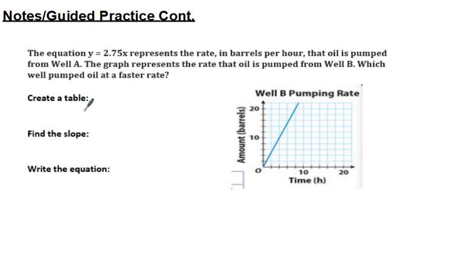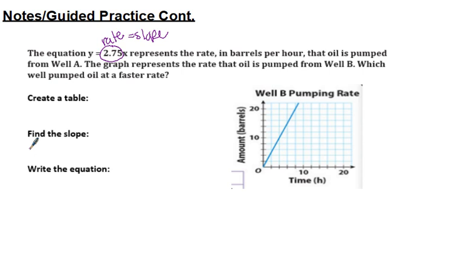So it says for us to create a table, and I think that would be best for us to do over here on our graph, because if we look at our equation right here, remember this is our constant and this is our rate right here, and remember rate is the same as slope.